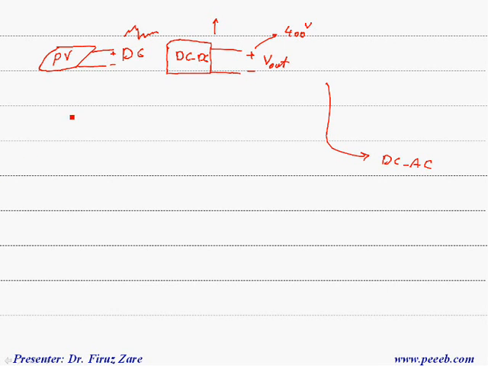The second type of power supply is a wind turbine. We know that the output voltage here fluctuates because of wind speed. So one possibility is that we can use, for example, an AC to DC converter.